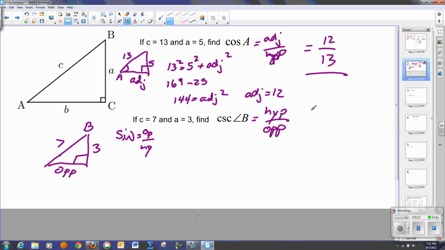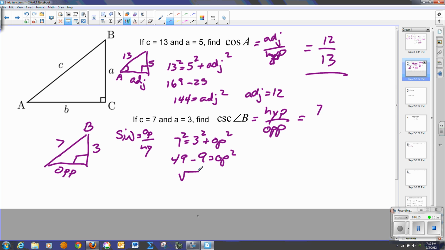I have my hypotenuse of 7, and I just need the opposite side. So once again, I'm going to go to my Pythagorean theorem. I have 7 squared equals 3 squared plus the opposite side squared. 49 minus 9 is equal to my opposite side squared.